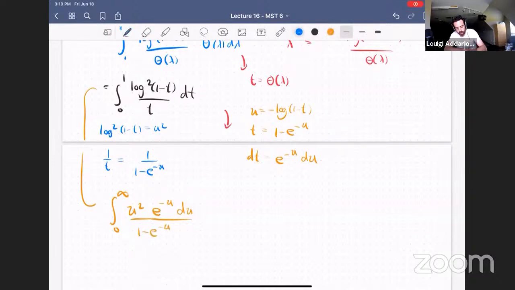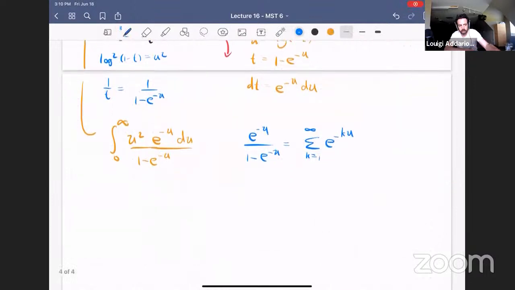But now let's just note, e to the minus u over 1 minus e to the minus u is the sum from k equals 1 to infinity of e to the minus ku, right? That's just a geometric sum started at 1. Okay, and so this whole integral is the same as the sum for k from 1 to infinity of the integral of u squared e to the minus ku du, right?